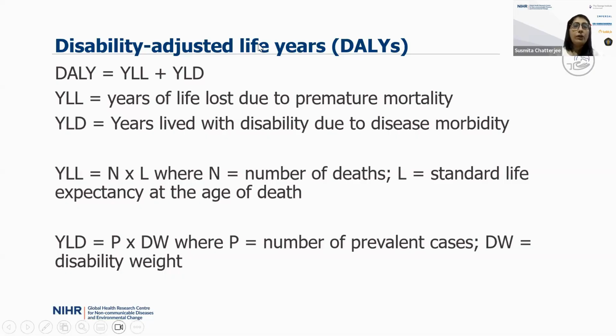DALY is the summation of years of life lost and years of life lived in disability. The formula for YLL is N times L, where N is the number of deaths and L is the life expectancy. YLD is the number of prevalent cases, the number of cases in that condition, multiplied by the disability weight.